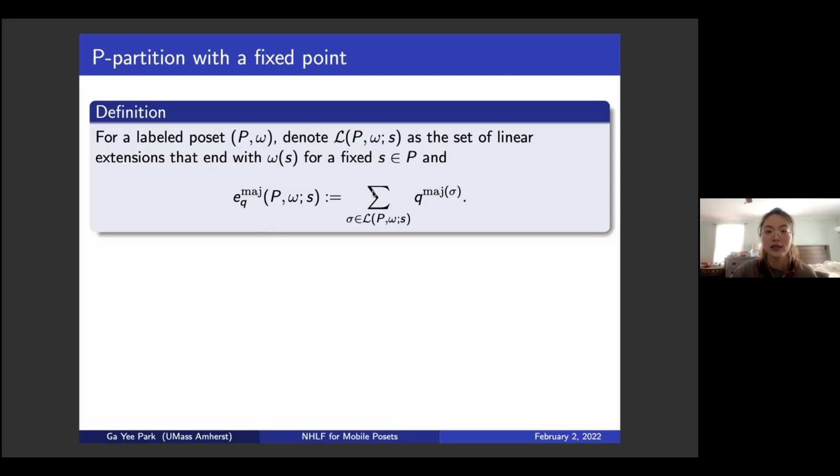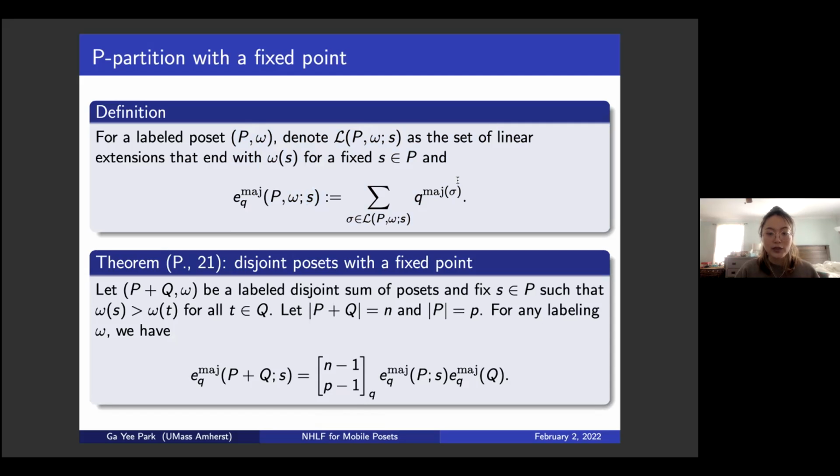So let L of this, the set of linear extensions of this labeled poset, semicolon S, be the linear extensions that end with that particular element S. And we will define the E_q of the major index of semicolon S to be the generating function for that particular set of linear extensions.